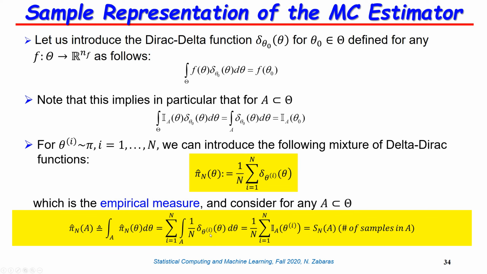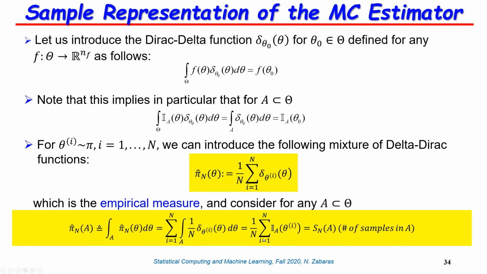So effectively, the integral of delta of theta I inside A will give me nothing else but the indicator function I subscript A of theta I. And I subscript A of theta I is equal to 1 when theta I is in A, otherwise it is 0.